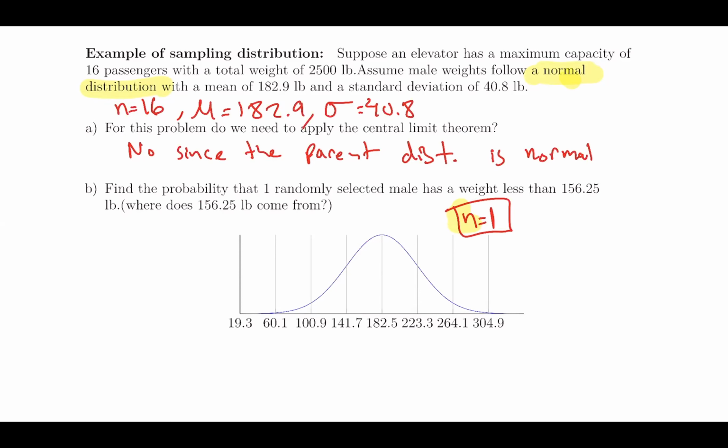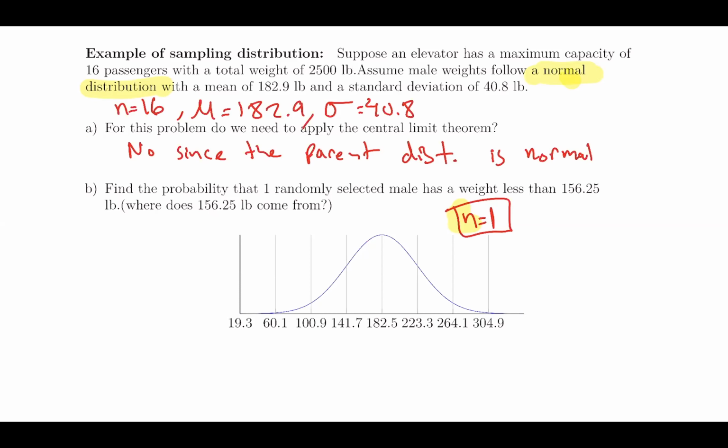If we have a sample size of 1, and if this problem wasn't normally distributed, I couldn't find the probability because the data set is not normally distributed. But in this case, since they already told us the distribution is normal, it's okay for me to proceed and find this probability.